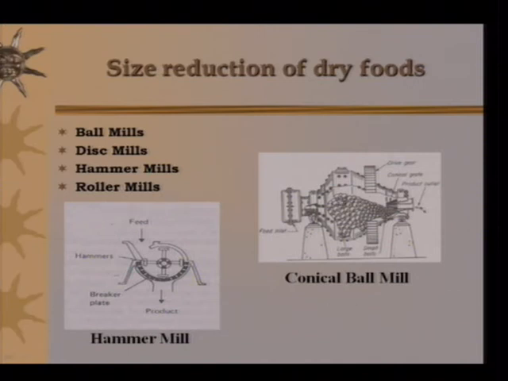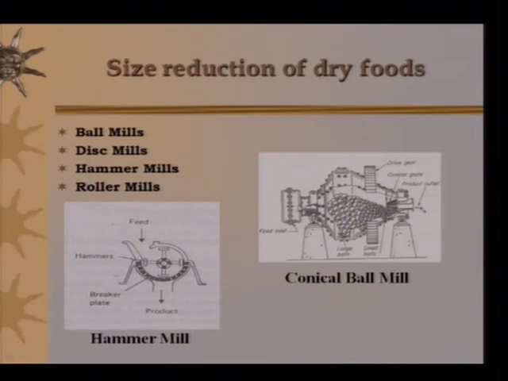Now if you come to the conical ball mill on the right hand side, in this mill you see there are different steel balls, and these steel balls are of different sizes. They vary from mill to mill, but their sizes are different. The material feed inlet is here at this point, and then it goes inside the mill, where there are large size balls in the center and small size balls on the right hand corner here.